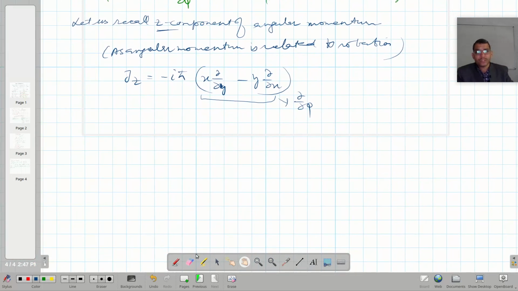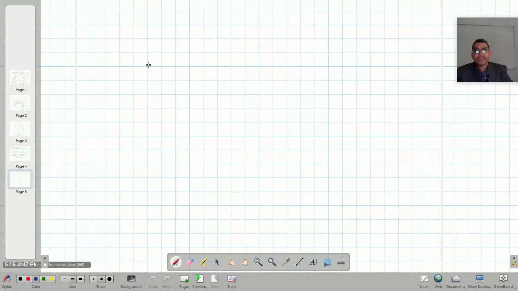So therefore Jz is equal to minus iota h cross d over d phi.